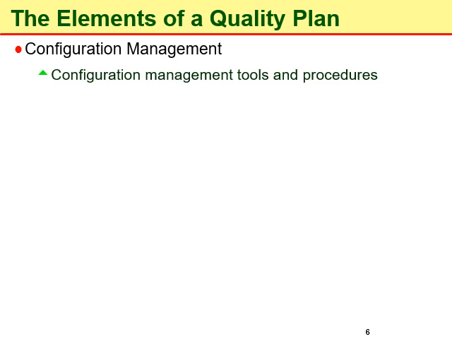So mainly that's all about our discussion on elements of the quality plan. Here we discussed some elements of the quality plan: it should have a list of quality goals, review activities, software tests, acceptance test details, and details about configuration management tools and procedures.